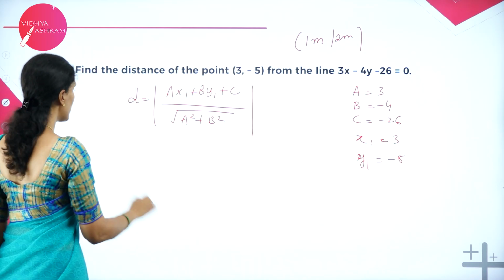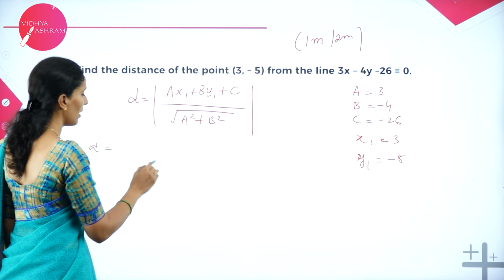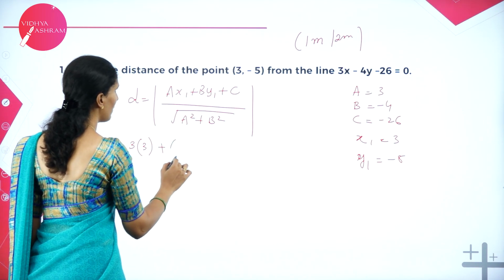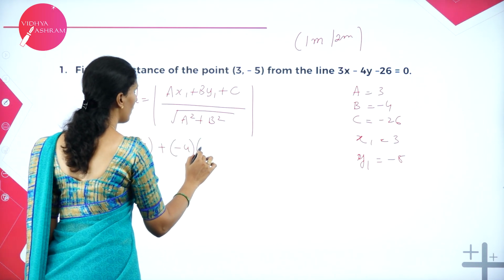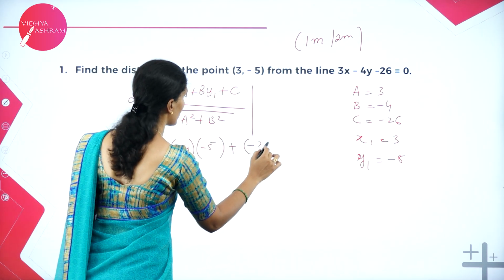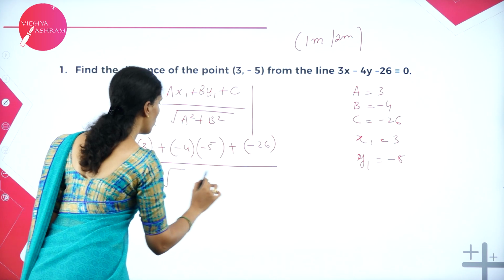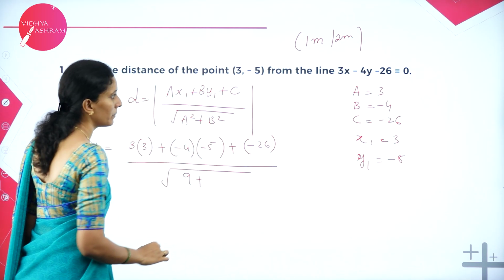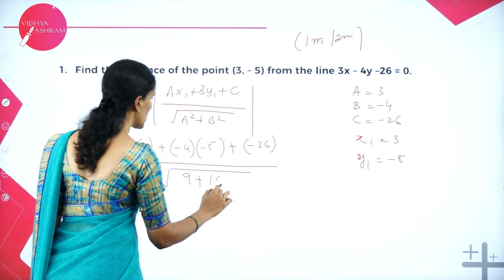So substitute this. D is equal to a value is 3, x value is 3. Next b value is minus 4, y1 value is minus 5. C value is minus 26. Next, square root of A square is 3 square, 9. B square is 4 square, which is 16.